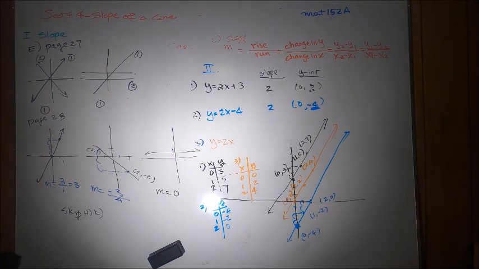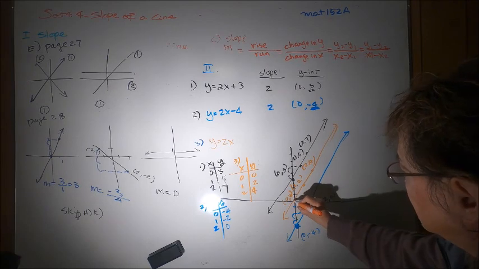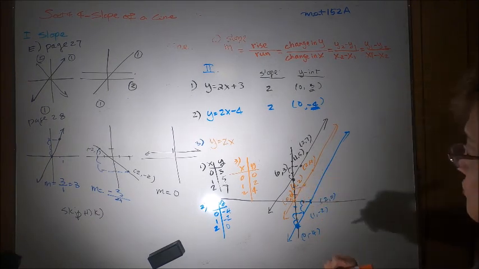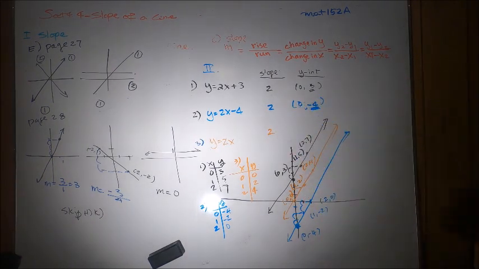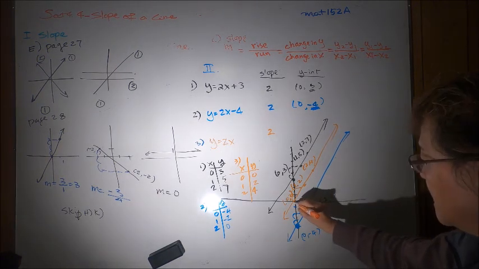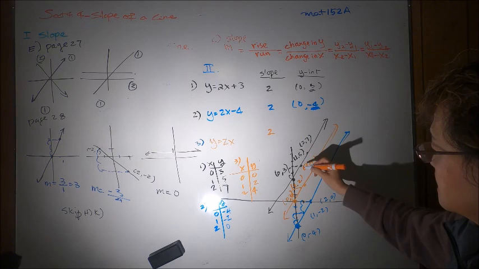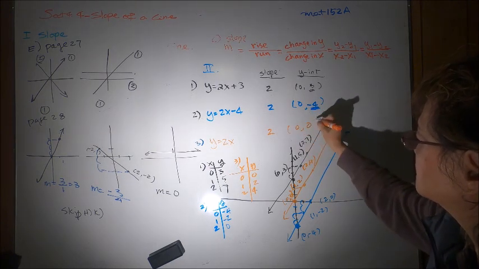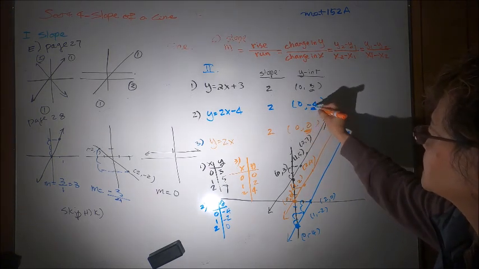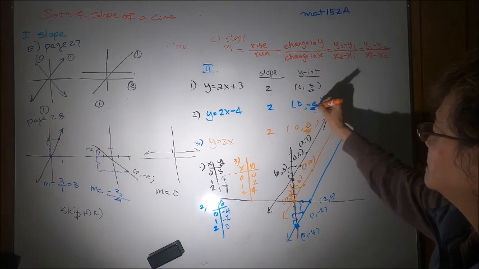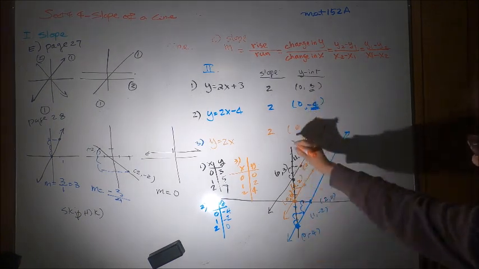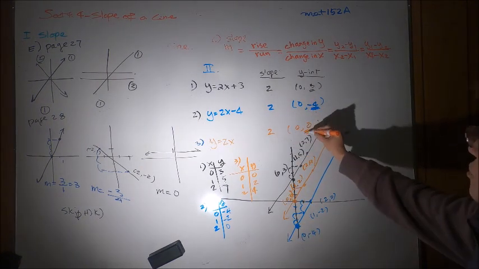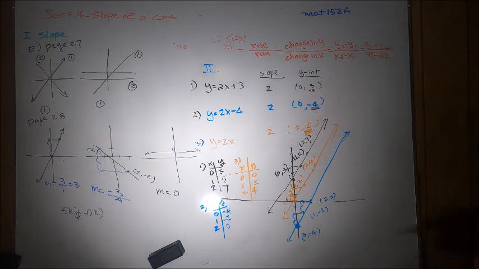What's the slope? Rise over run, rise 2, run 1. So it's 2, right? And what's the y-intercept? It's 0, (0, 0). Y-intercept is the intercept on what? The y-axis. It's a y position, right?